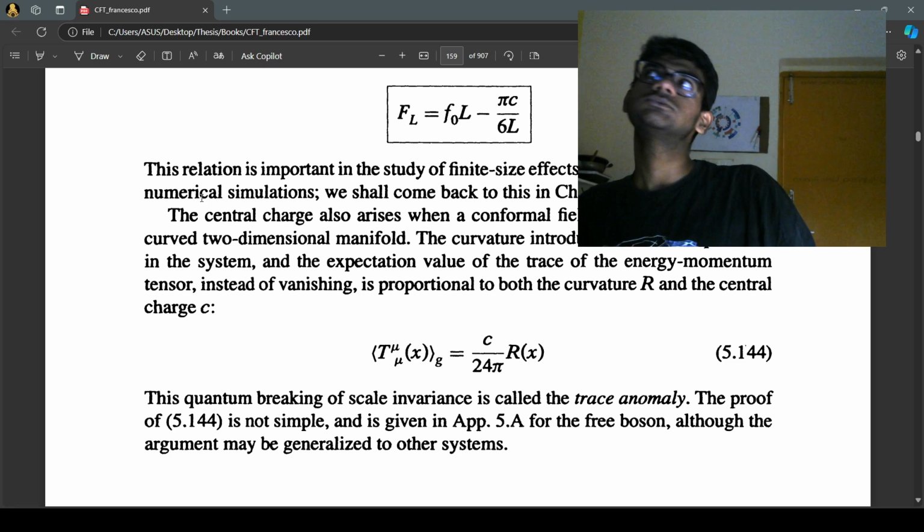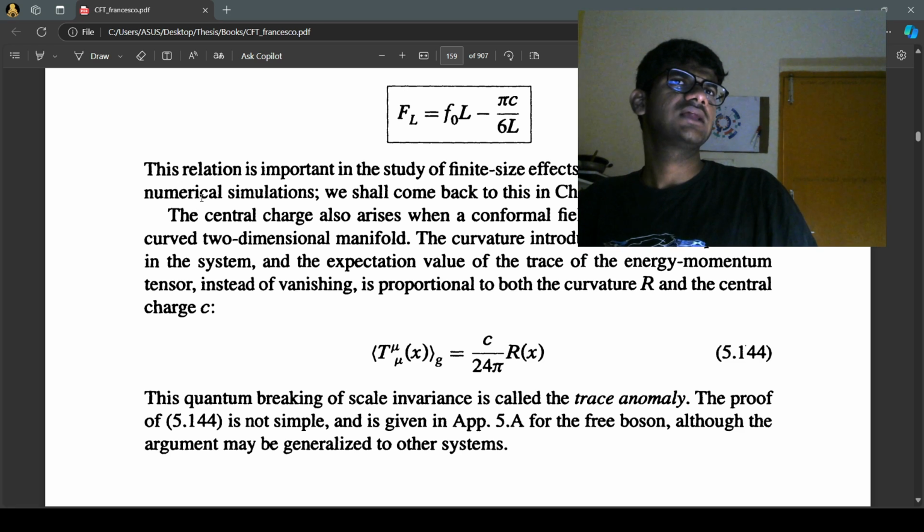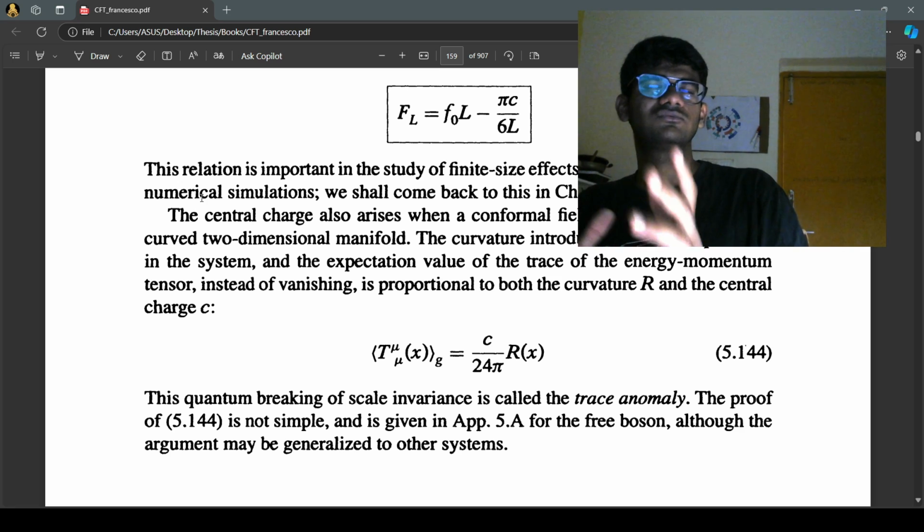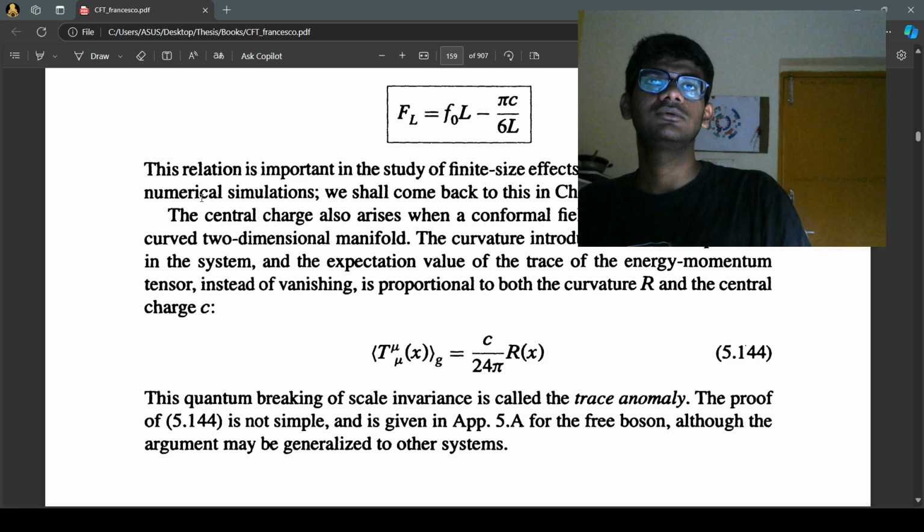What does this mean? So R is a macroscopic scale in the system. I sort of get the feel of it, but don't quite understand it yet.